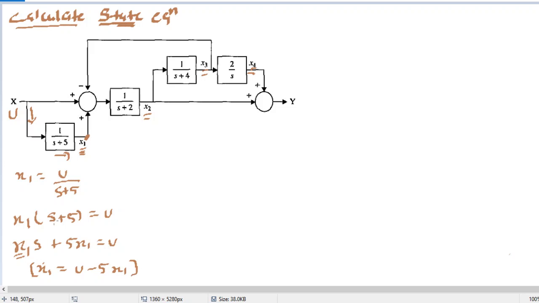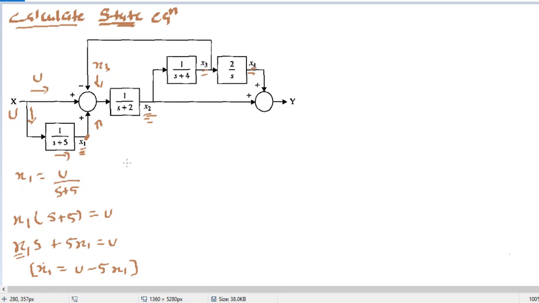Now we have to study x2, what x2 produces. x2 has three signals. First one is the input, which is u. Second one is x1, and third one is x3, which is coming from this end.